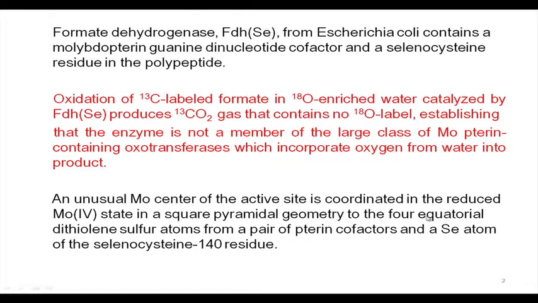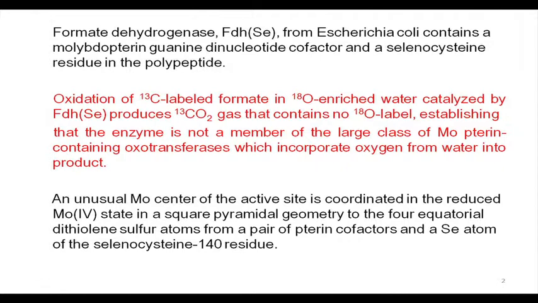So, 4 equatorial or basal bonds basically. Those 4 positions are occupied by dithiolene-like sulfur groups of the pterin family, and one of the other points is attached to either the oxygen or the selenium, and the dithiolene sulfur atoms form a pair of pterin cofactors and the selenium atom from the selenocysteine 140 residue.